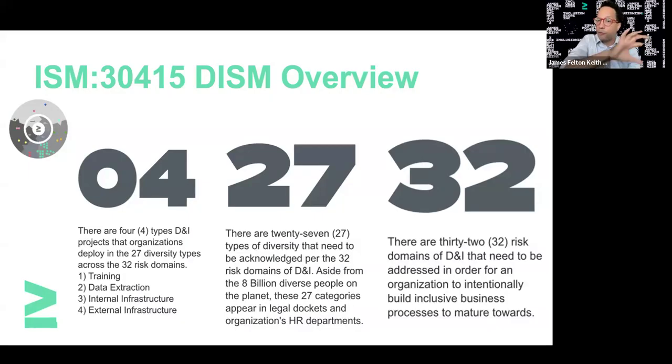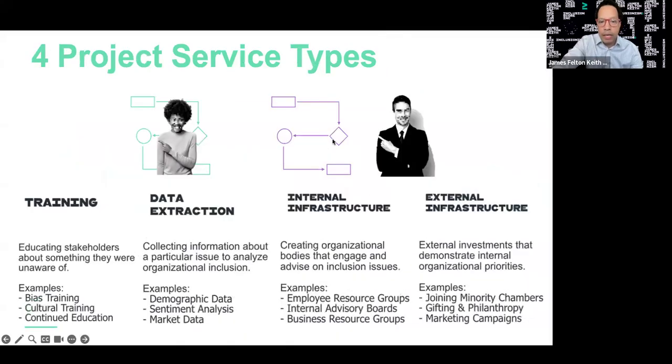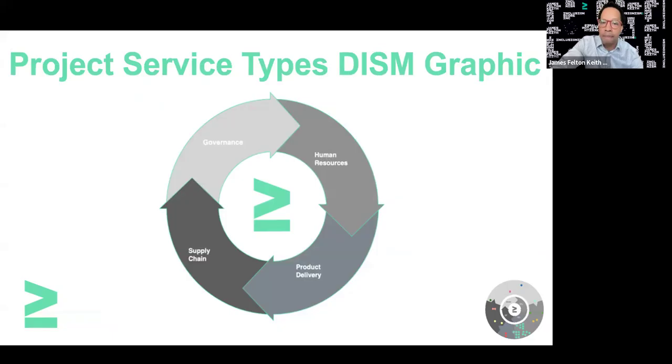And the 32 domains are those 4 categories I mentioned earlier, which are different than these 4 project types, kind of extrapolated out into functional parts of your organization. And so, again, it's just more examples of what those look like: training, the data extraction, the internal infrastructure, which affinity groups are a good example of, external infrastructure, again, things like joining the LGBT Chamber of Commerce or the Jewish Chamber of Commerce, or all these different things, and engaging minority groups to better spread around economic opportunity and economic activity.